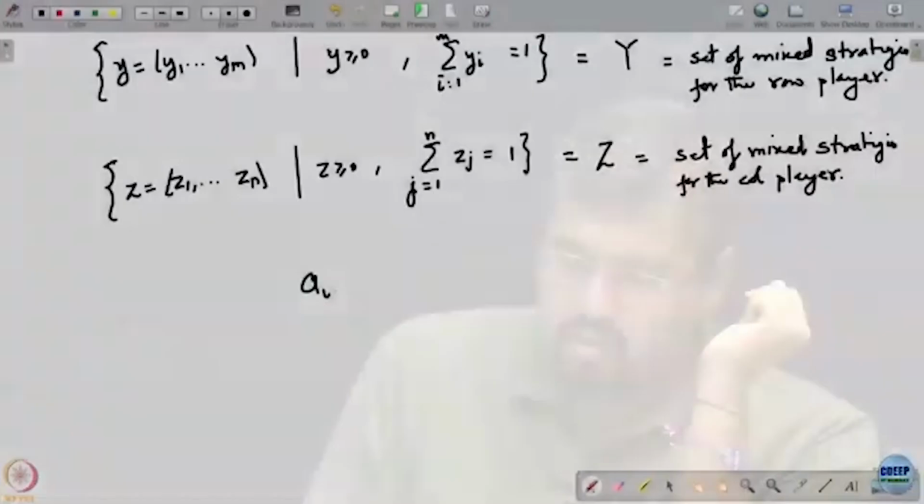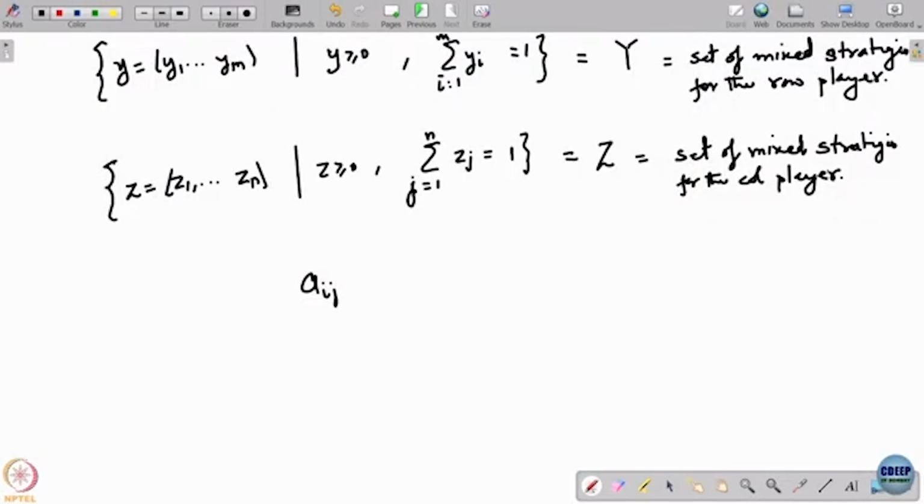So, the players would get a payoff aij, okay, when row i and column j are chosen. Now, what is the probability with which i is chosen and j is chosen? yi zj. Why? Okay, but why are they independent?